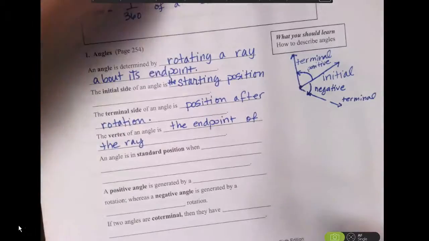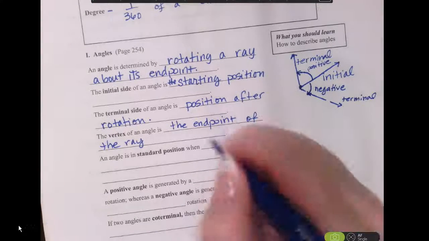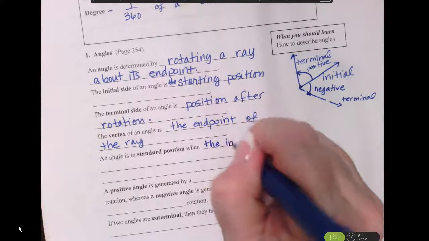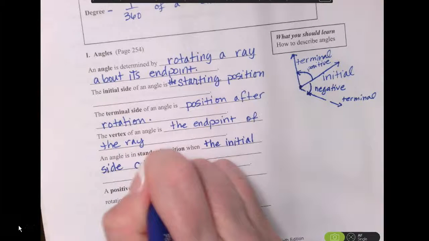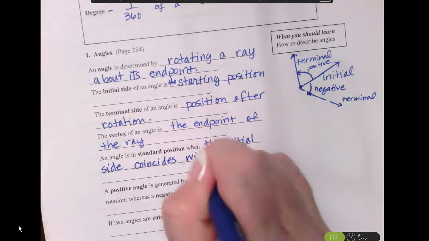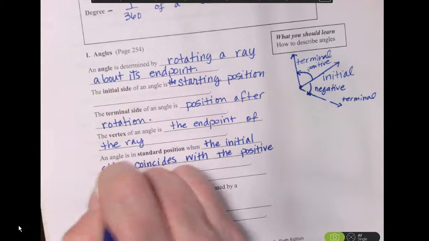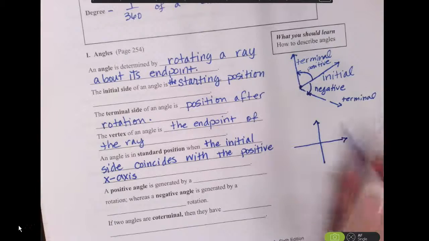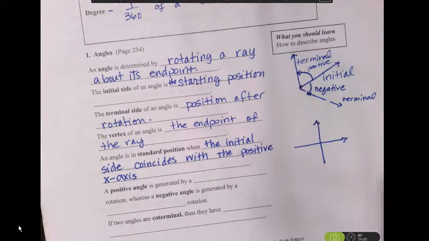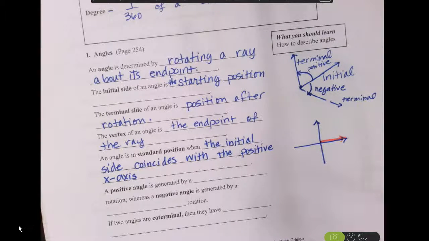An angle is in standard position when the initial side coincides with the positive x-axis. If I were to draw my coordinate plane, using a different color, and my initial side is right here, then that is in standard position.